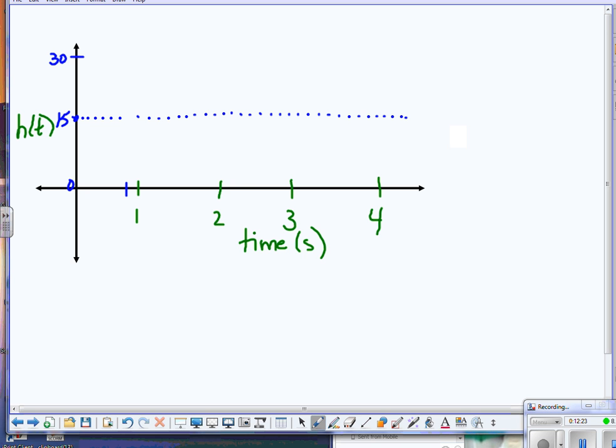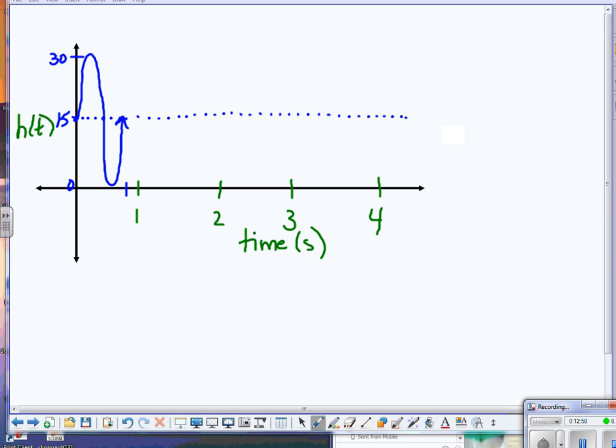We are headed upward, back to the middle, downward, back to the middle. Okay, here is one cycle. Best I can. We would draw another 4 of those within that space of 4 seconds.